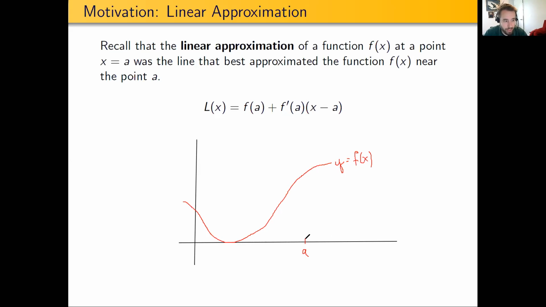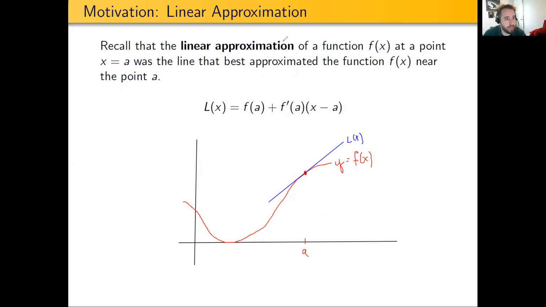Then visually, the linear approximation is supposed to be the line that both touches the function at the point a comma f of a, and also hugs the function closely there. So we'd end up with something that looks kind of like this, right? And this would be the L of x. Now, to define this line, we could use the point slope form of a line.